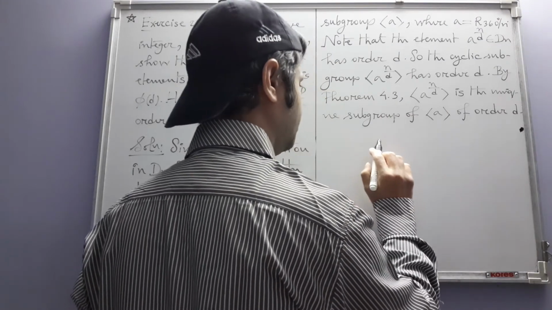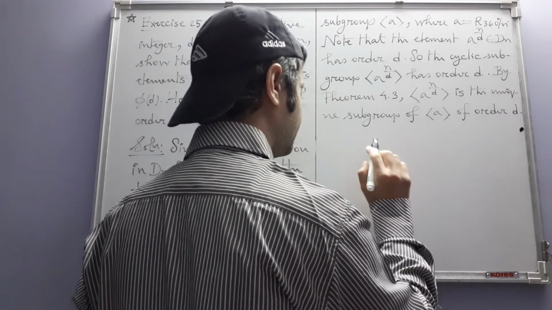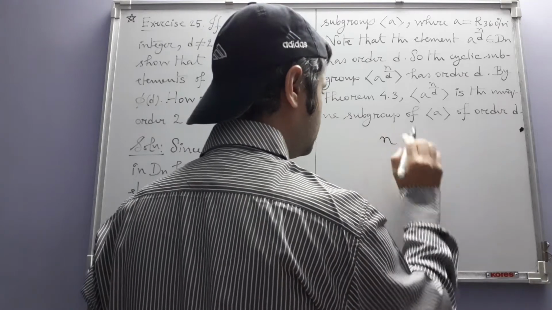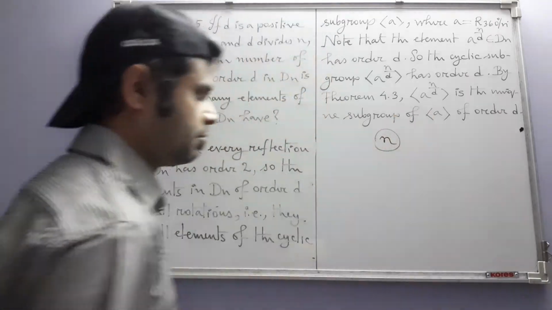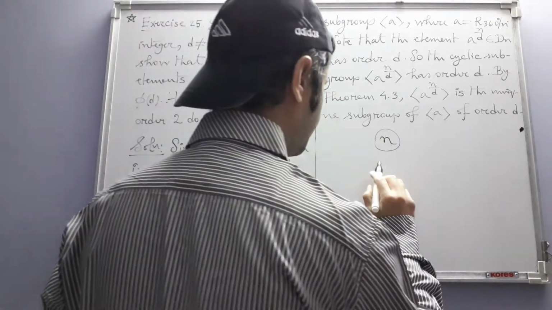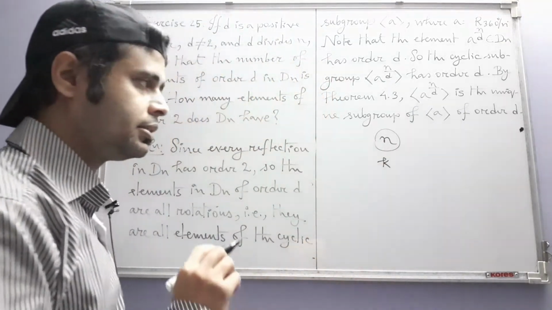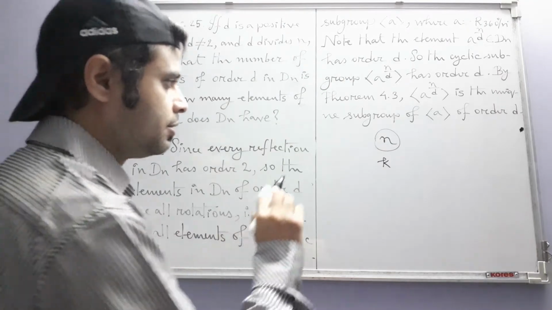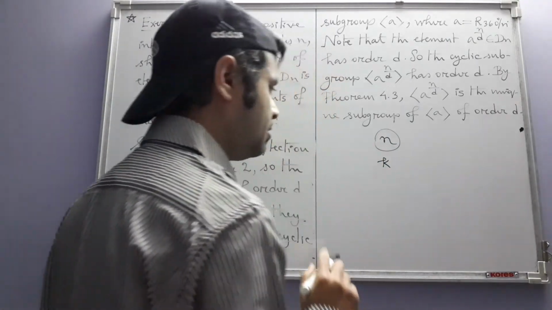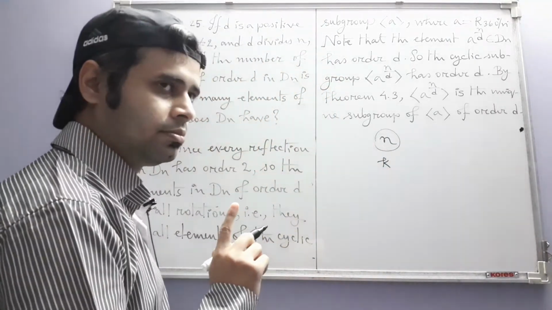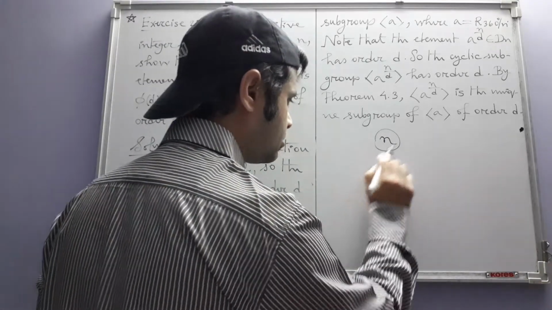It says that if you have a cyclic group of order n, and say k is a positive integer that divides n, then the cyclic group has exactly one subgroup whose order is k.